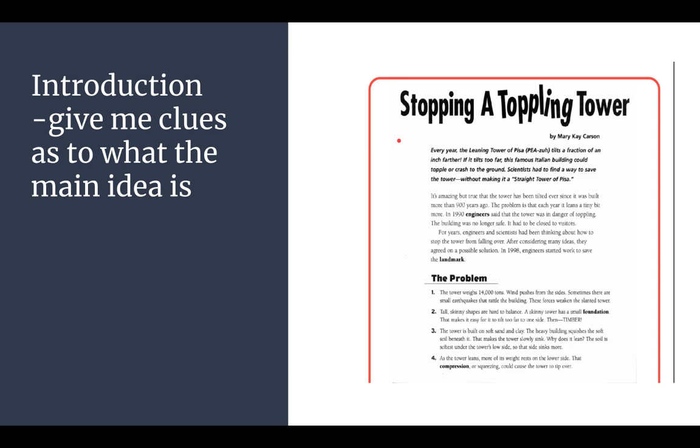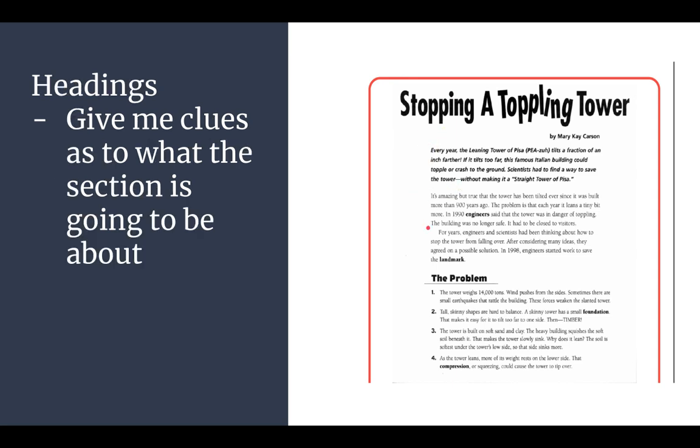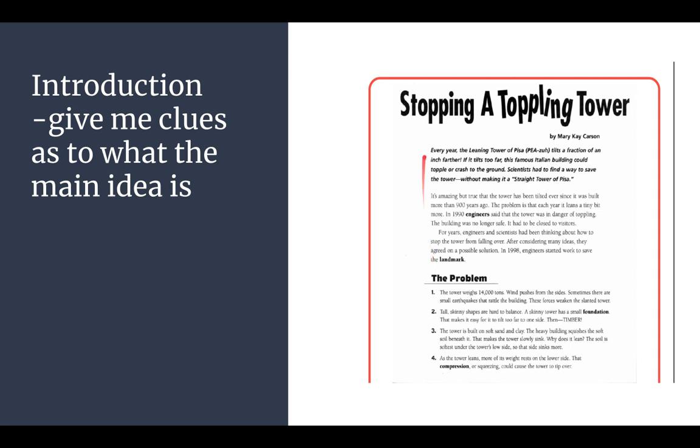The introduction, which is right here, gives me clues about what the main idea is. So this says, every year the Leaning Tower of Pisa tilts a fraction of an inch farther. If it tilts too far, this famous Italian building could topple or crash to the ground. Scientists had to find a way to save the tower without making it a straight Tower of Pisa.